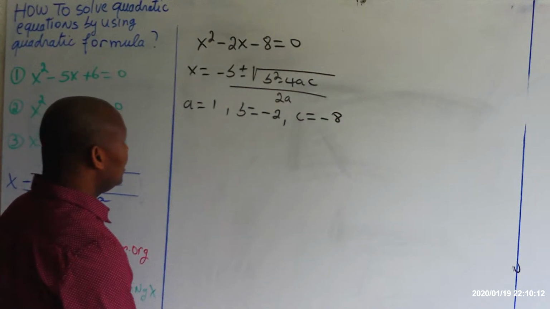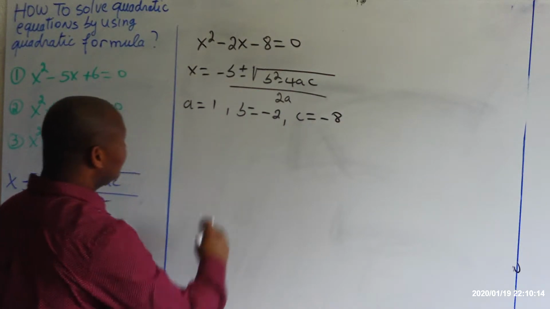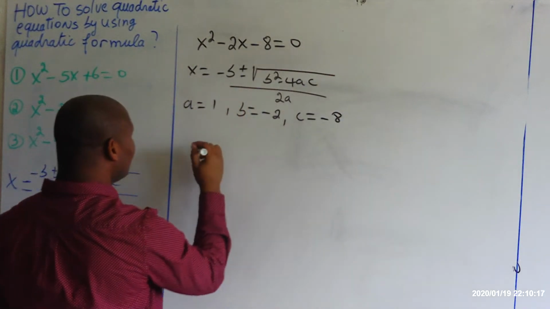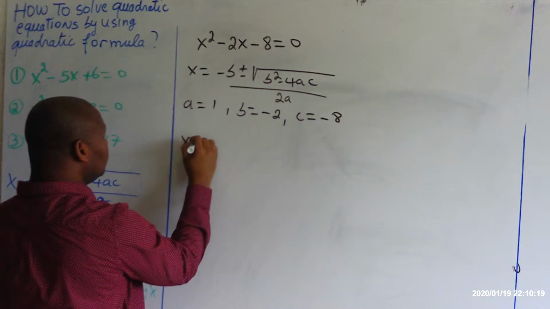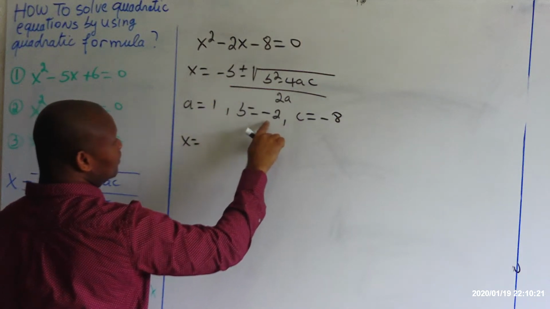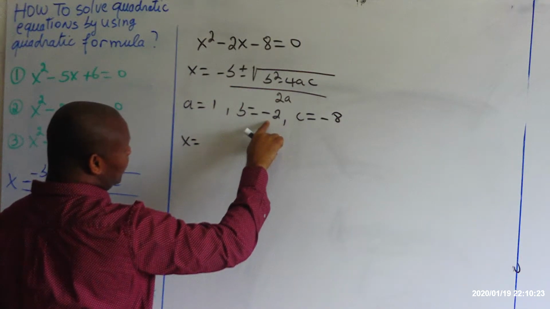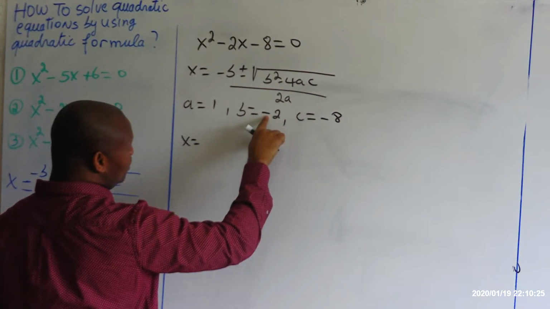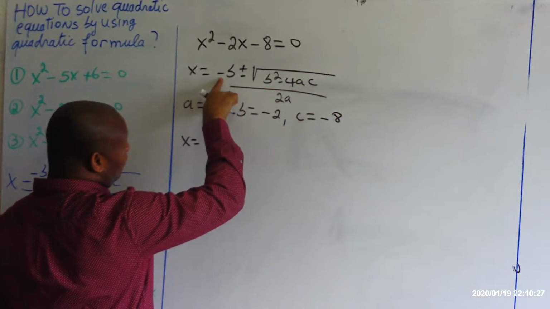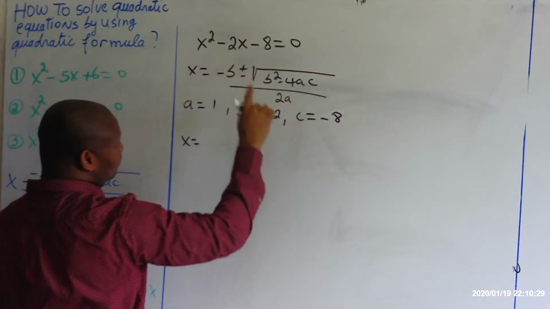Now let's plug the terms inside the quadratic formula. Okay, we have x equal negative b, that's negative 2. It's going to be positive because we have a negative sign inside the formula, so it's going to be positive 2.